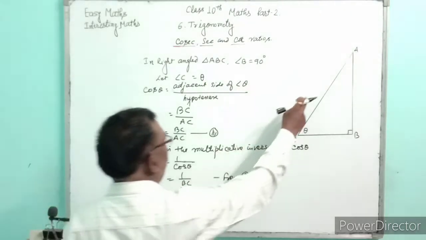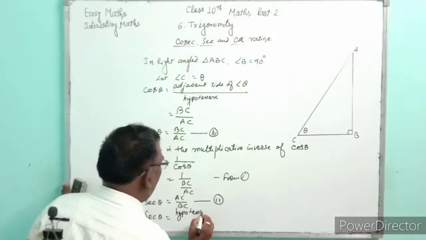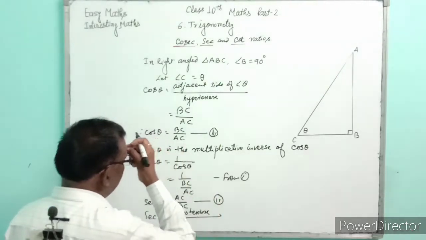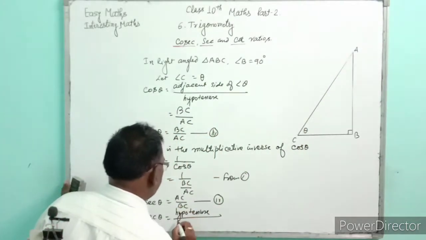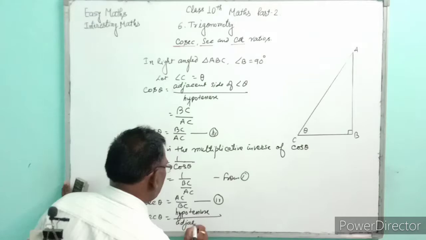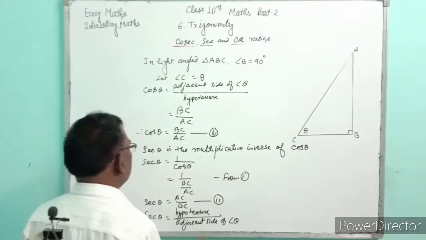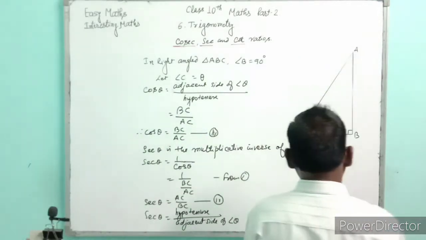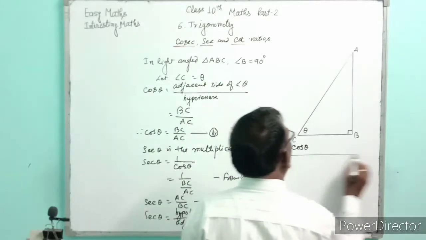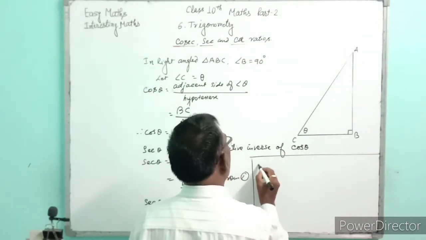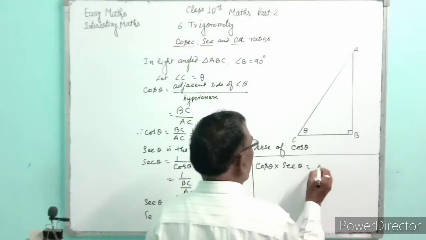AC is the hypotenuse of triangle ABC, divided by BC, the adjacent side of angle theta. Now, cos theta into sec theta.